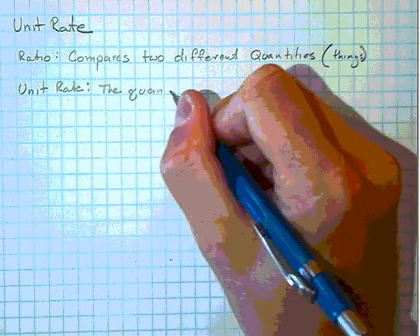A unit rate is when a quantity has 1 as a denominator.